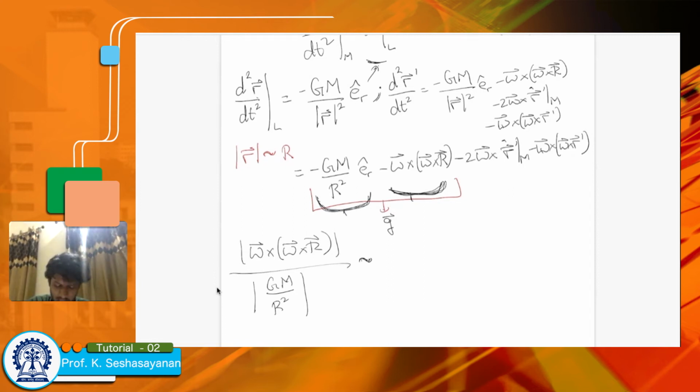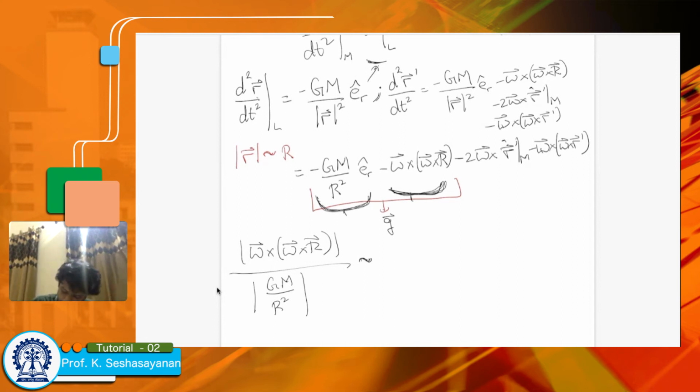In this, I will consider the cross products such that there's an angle between vectors, so omega cross r is like omega r sine theta, and I would say sine theta is of the order 1. This is not exactly correct, but it is just to get an idea of the order of magnitude of the term above.